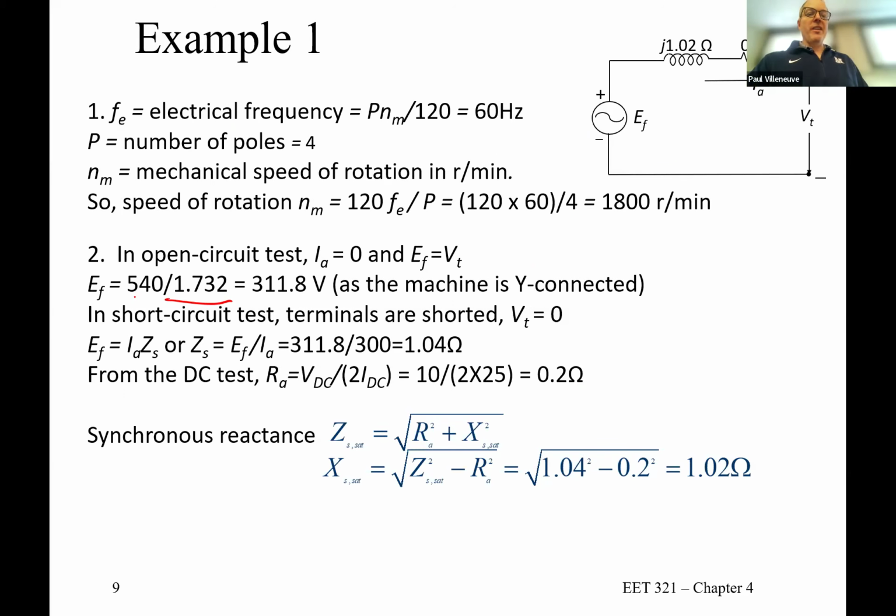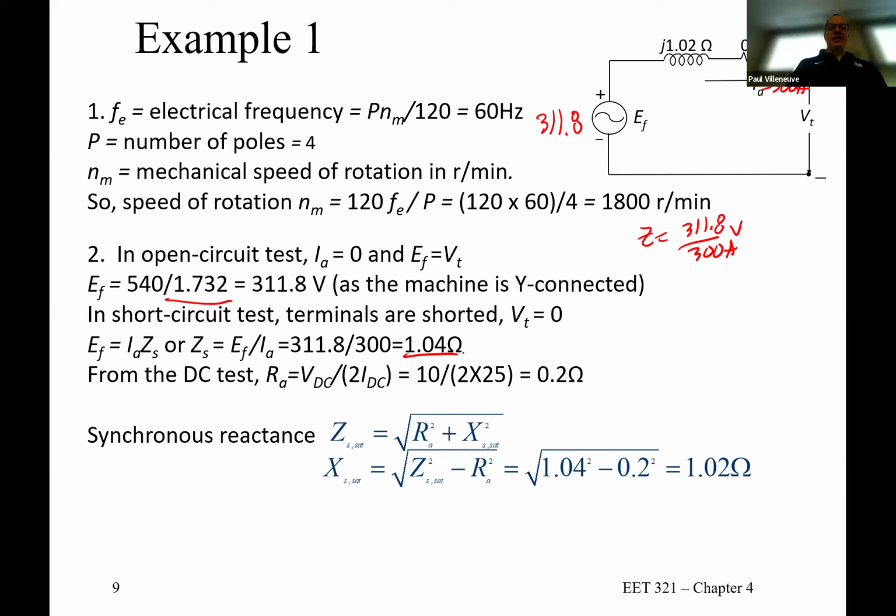In this case, it's 540. So this voltage here is 311.8 volts. All right. Now, we can go ahead and realize that this current is 300 amps, and we can draw those on the same equivalent circuit because that's the excitation that we're going to get, right? So my value of Z is equal to 311.8 divided by 300 amps, which is 1.04 ohms.